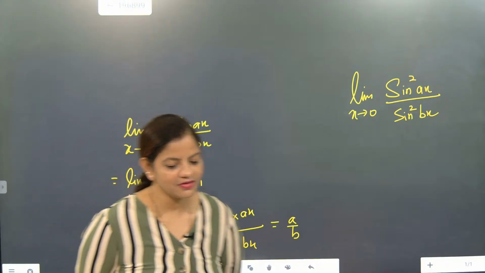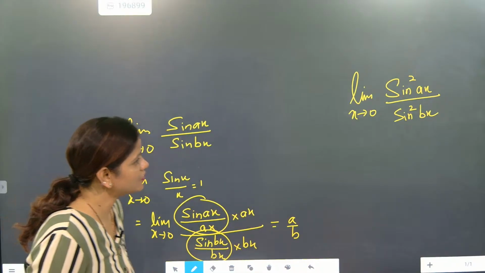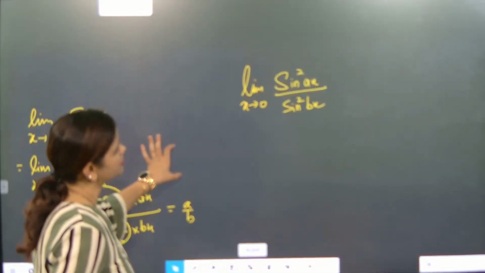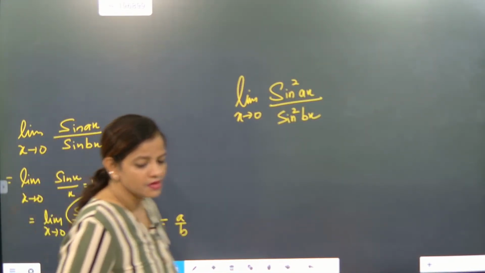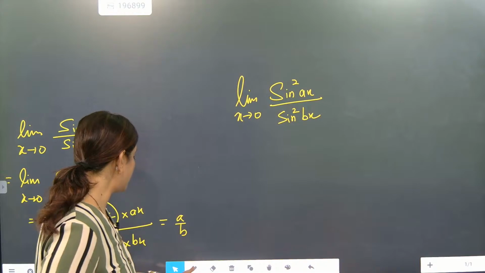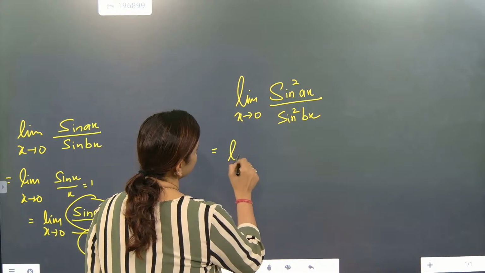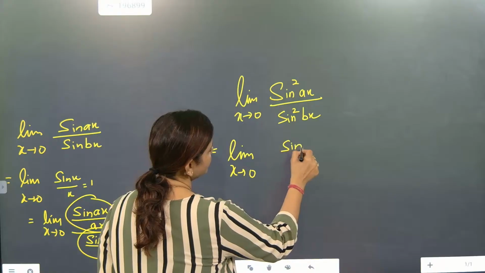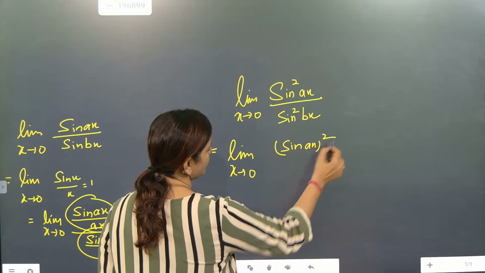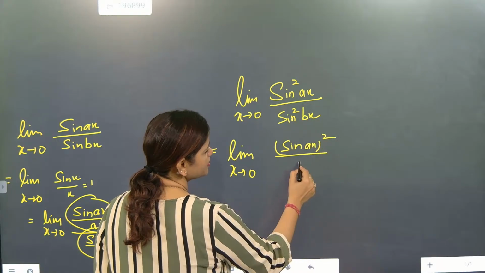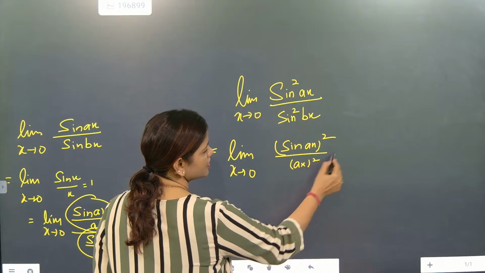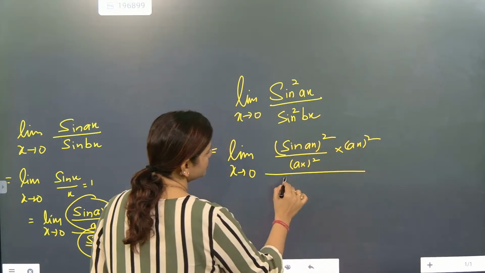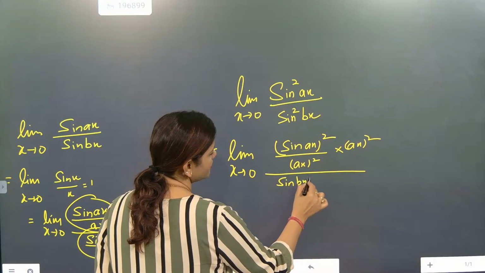Fine, let's solve this question. Try this question out. What answer can we expect here? The answer is very simple. Here it will become limit x tends to 0. We can write it as sine ax whole square. Now square of it is missing, so we will do one thing. This and this for numerator section, denominator sine bx whole square.